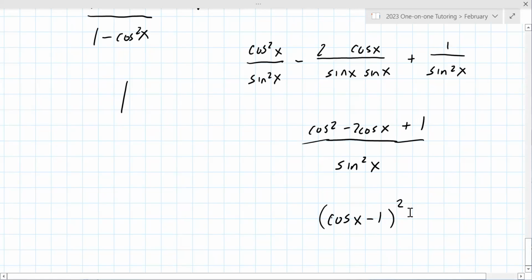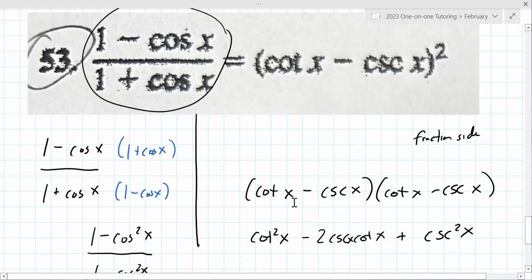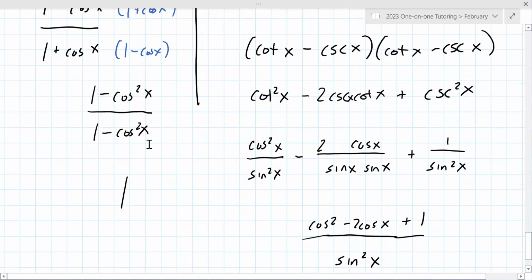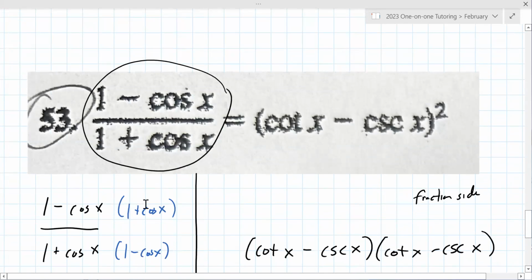I really feel like we are way off on this one. This one's not working out the way it's supposed to. Sorry, let me just look at this one more time. One plus cosecant x.